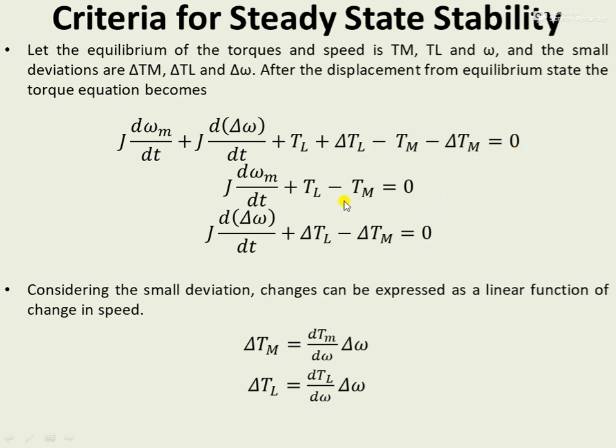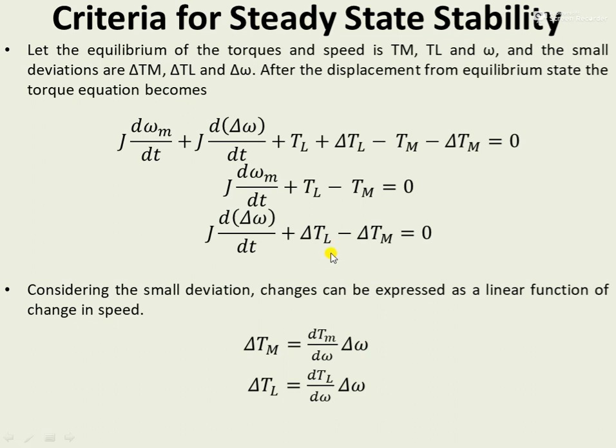But from the fundamental torque equation we very well know that J into d omega m by dt plus TL minus Tm is equal to 0, the same as the standard relation, that is Tm minus TL is equal to J into d omega m by dt. So making the substitution of this as 0 in this relation, we will be able to obtain the simplified form as J into d by dt of delta omega plus delta TL minus delta Tm is equal to 0.